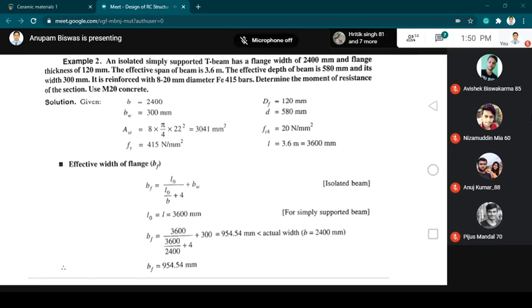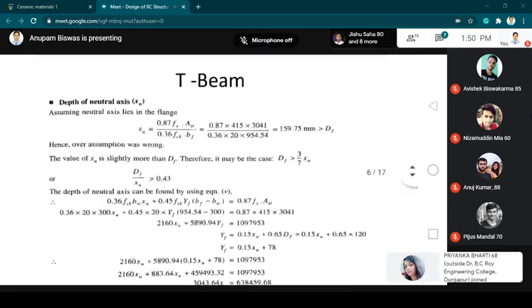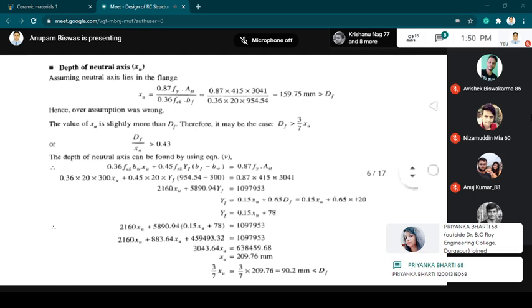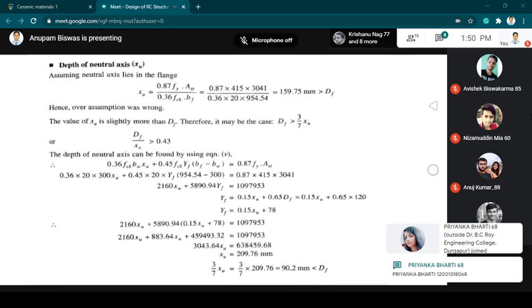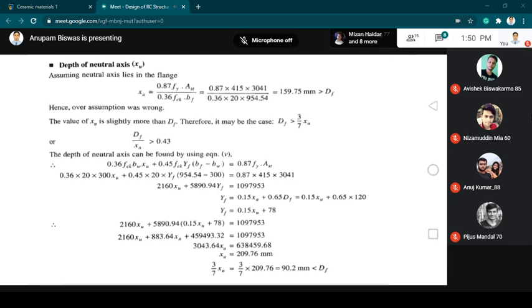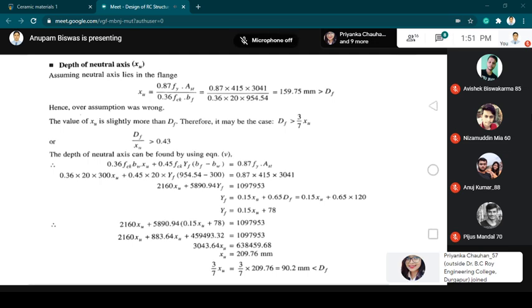Next step is to find the value of the depth of neutral axis. So the depth of neutral axis for the flange section is the same. The equation is same, 0.87 fy Ast by 0.36 fck bf. So from here we get that this value is actually more than the depth of the flange.